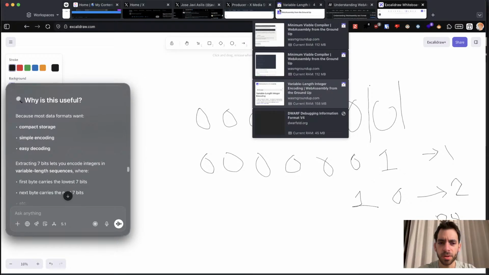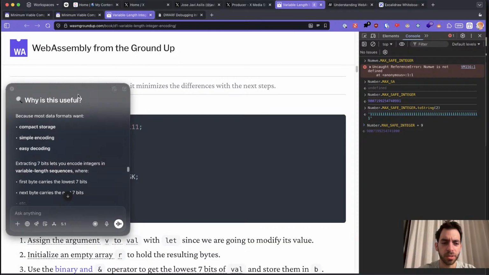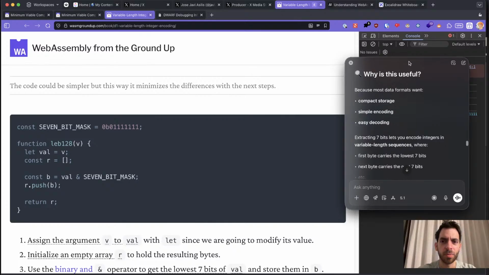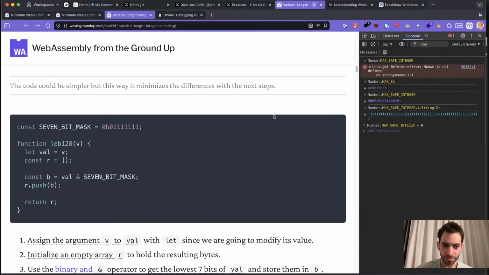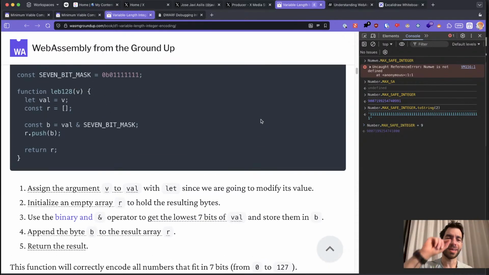Okay, so we're gonna continue. What it's basically saying here is that we're extracting the 7 meaningful bits, because we're going to store the 8th bit as a flag. So I think we're gonna use some sort of remainder or modulus function to get the remainder, and then add it to the next flag somehow, right?